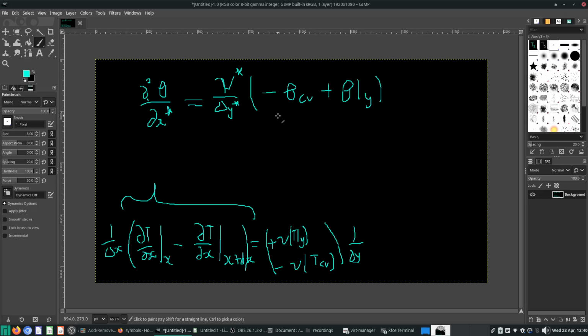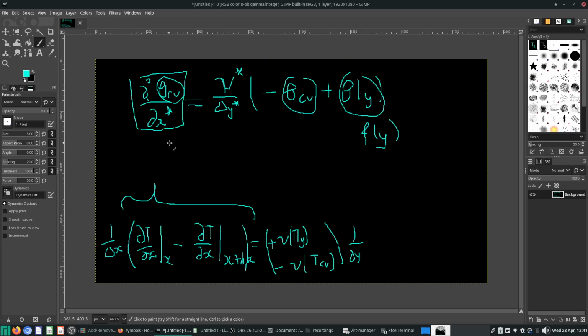Okay, if we make the limits very small, this after all here is actually theta CV. This is theta CV. This is something quite out of control, some function of y. Okay, I don't know what it is, but you see, you have again a very similar pattern here. This is a d2 theta kind of a term.